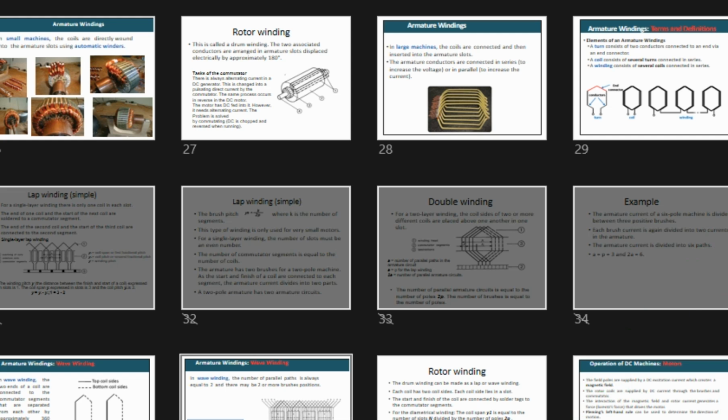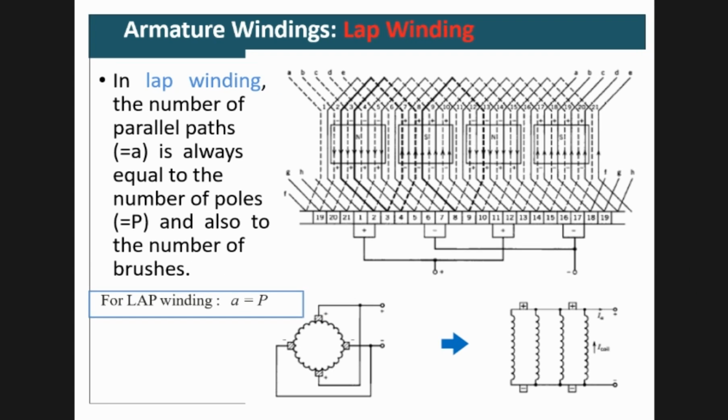For example, if you go to this slide here, you see there are 4 parallel windings, parallel paths, right? So what we have calculated is the total amount of EMF generated by all coils.